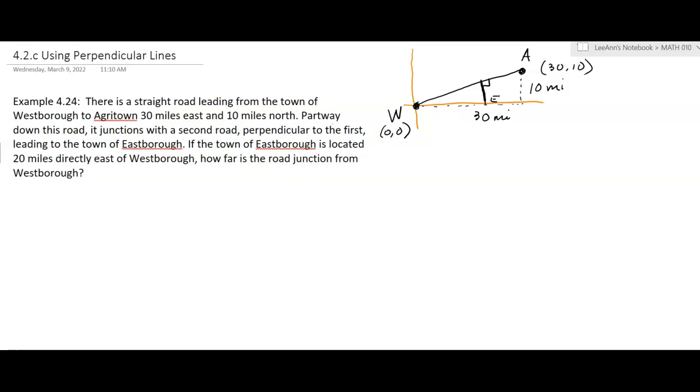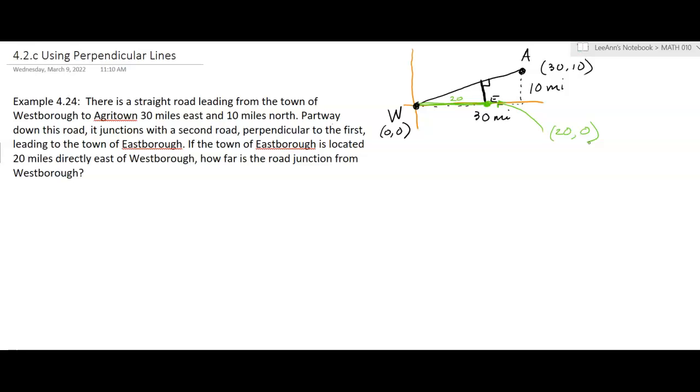If the town of Eastboro is located 20 miles directly east, that means this distance here is 20, okay? So I have an ordered pair for Eastboro. This point right there is going to be 20, 0. All right, so that's our situation, kind of a messy little diagram.